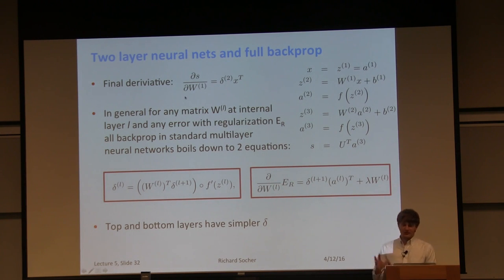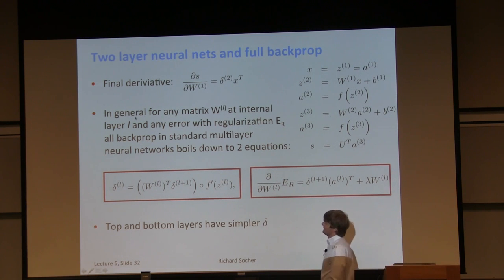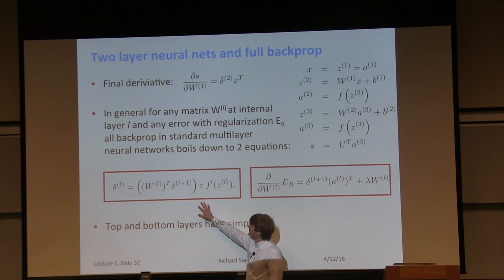And so in general, these are the two main equations. If you go through that extra step, and I encourage you all to do it, it'll be very useful for the midterm and all other kinds of places, and after that it has sunk in, you fully understand backpropagation. These two equations are the main equations of neural networks.